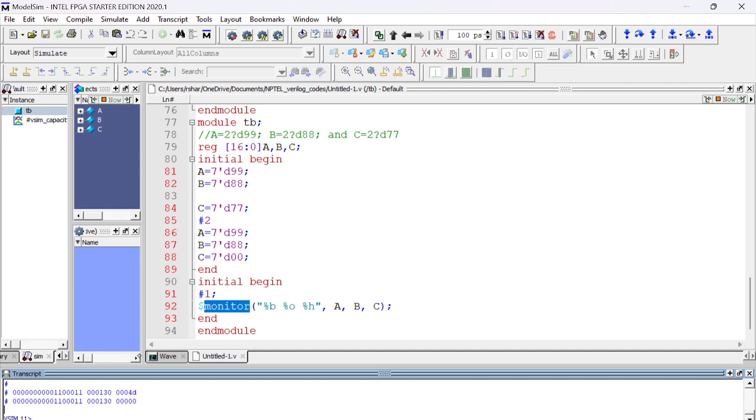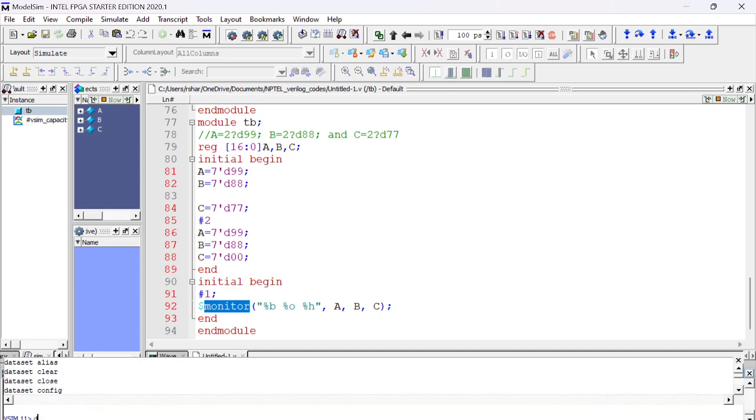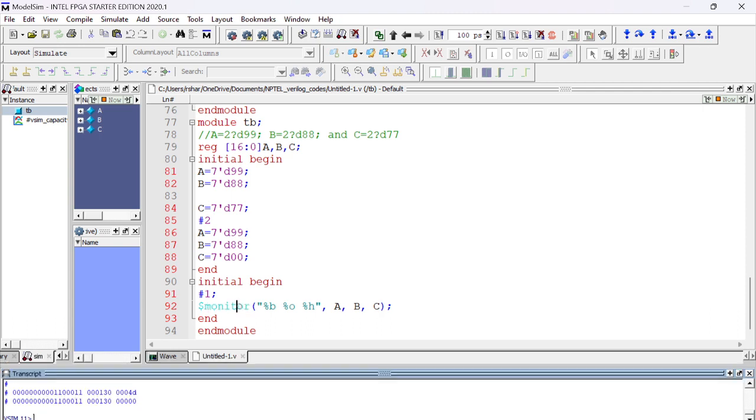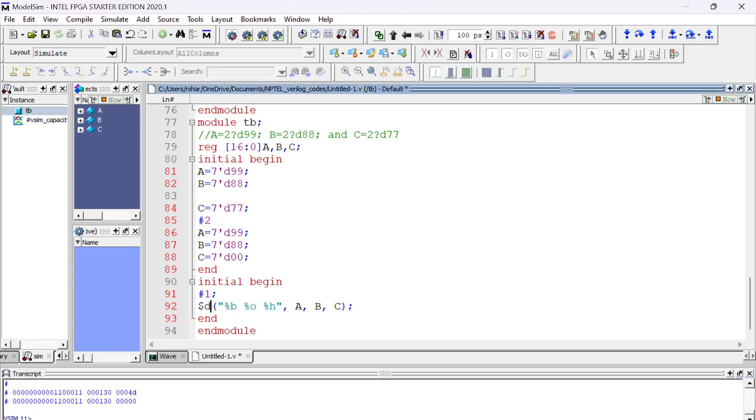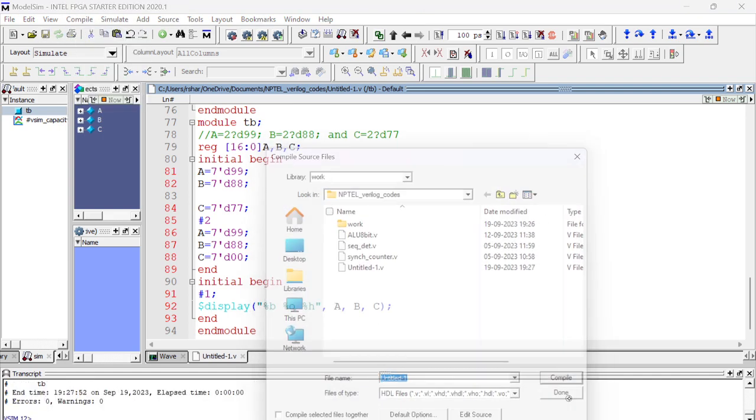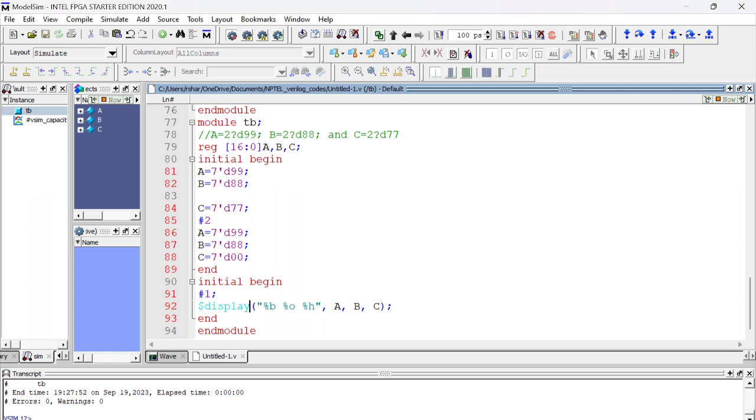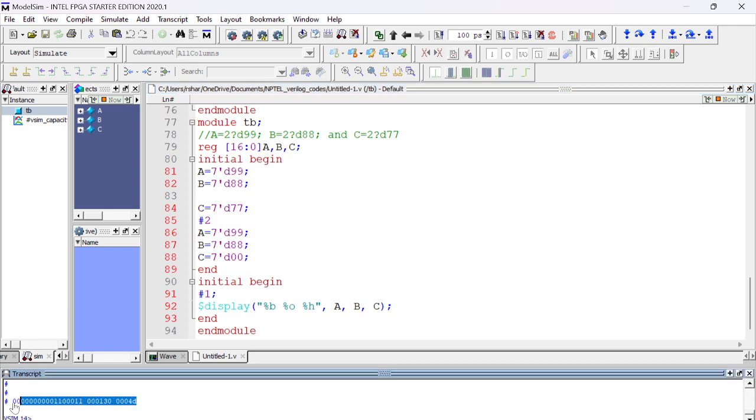But now again, if I change it here to $display, you can see only once.